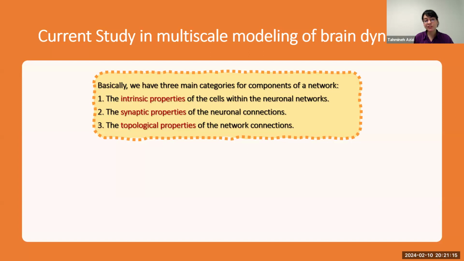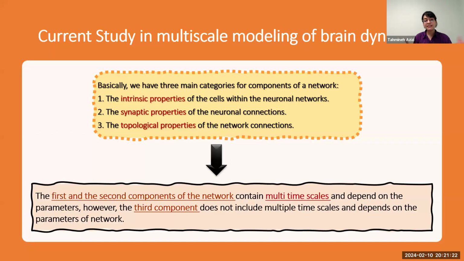Another is to consider synaptic properties of the neural connections, or maybe topological properties of the network connection. The first and second contain multiple time scales and depend on the parameters of the system. But the third one, based on the topological properties of the network, doesn't include multiple time scales, and depends on the parameters of the network that we have.